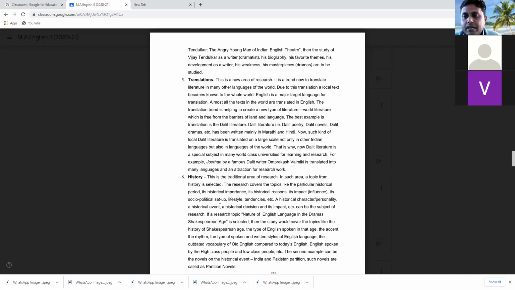So now such local Dalit literature is translated on a large scale, not only into other Indian languages but also into languages of the world. That is why Dalit literature is now a special subject in many world-class universities for learning and research. For example, King Lear by Shakespeare is translated into Marathi in the form of Nata Samrat.